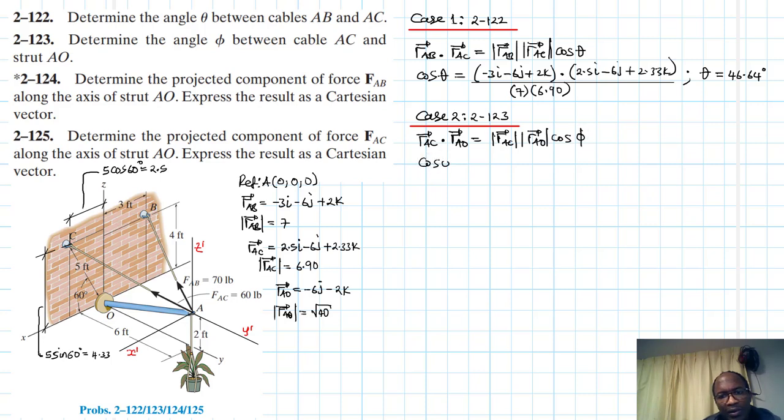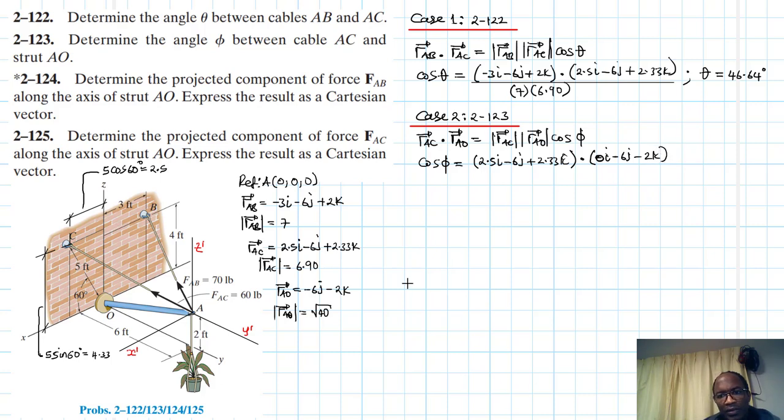Then cos phi is just going to be equal to RAC, which we said is 2.5i minus 6j plus 2.33k, then dot RAO, which we said is 0i minus 6j minus 6k.